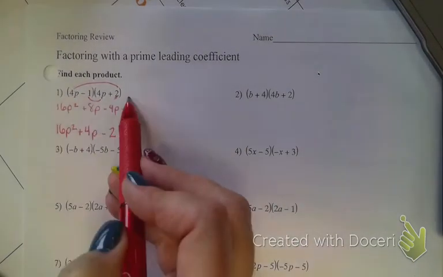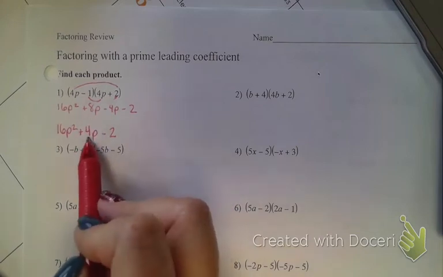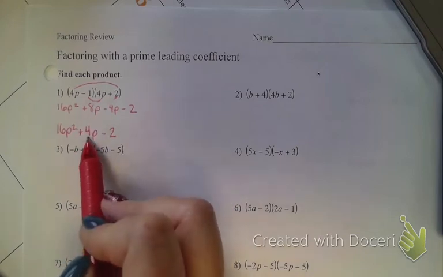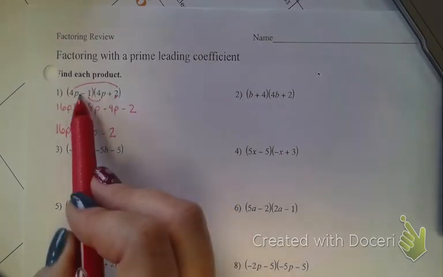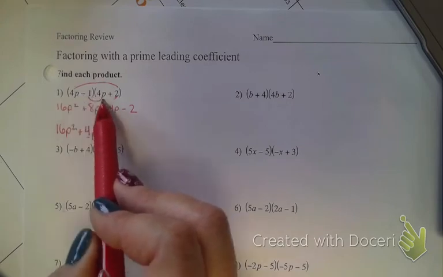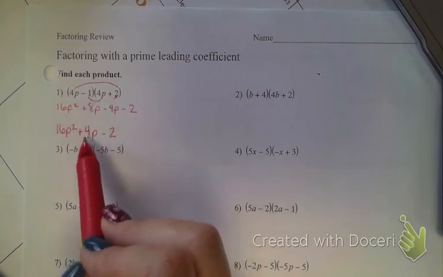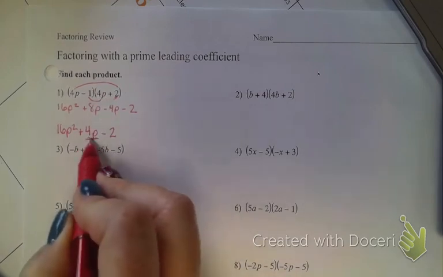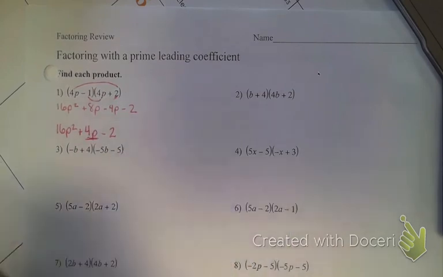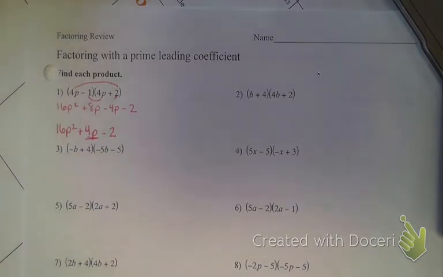So this is 8 minus 4 is 4. Every single time, if they're common variables, the outside combined with the inside will give you your middle term. That gives you b. Okay? So your first part of your assignment is to multiply those out.